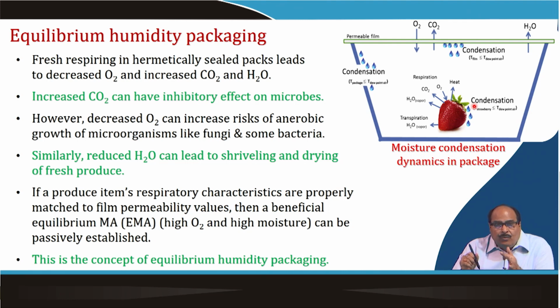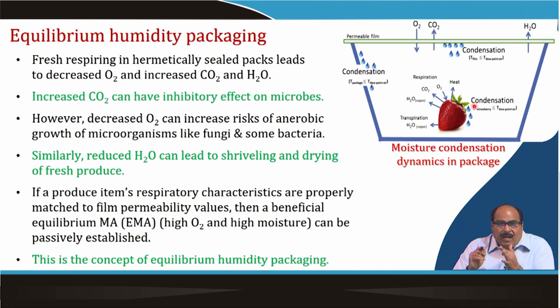Similarly, reduced water can lead to shriveling and drying of the fresh produce. So, inside we need a proper gaseous composition to be maintained. At the same time, the material should not shrivel, it should not dry. That means the humidity inside and outside is made the same.